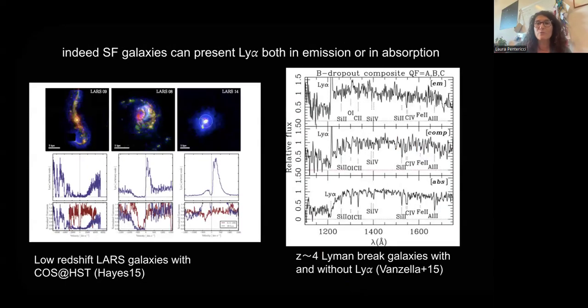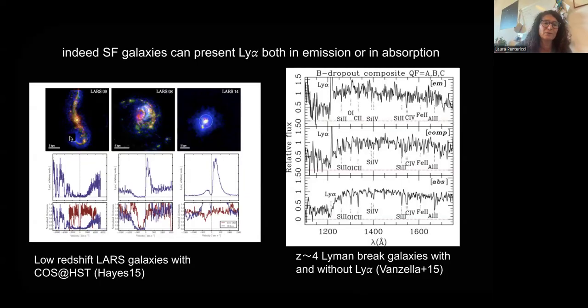And so, in fact, when we observe galaxies in Lyman alpha, even at low redshift, we see that there is really a wide variety of profiles. These to the left are low redshift galaxies that have been observed with COS and HST, and you see that the third galaxy, Lars 14, is a Lyman alpha emitter. It has this very asymmetric profile. The galaxy in the middle has a Lyman alpha emission, but also a deep absorption.